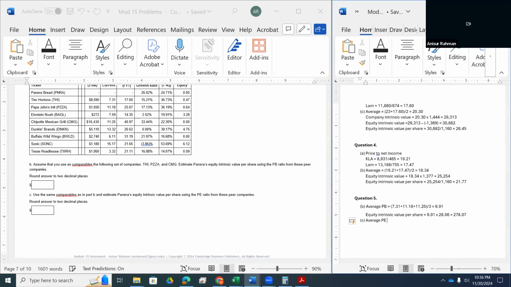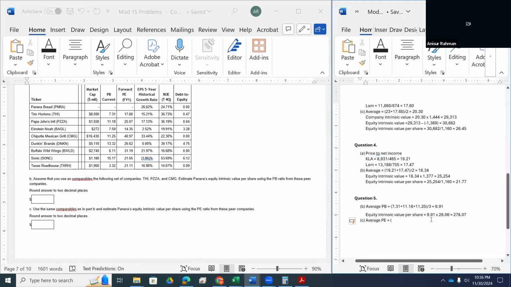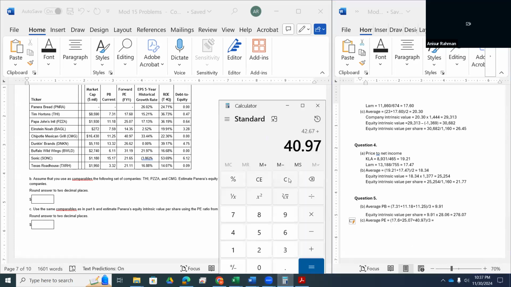So average PE for these 3 companies. So we have forward PE. 27.88.